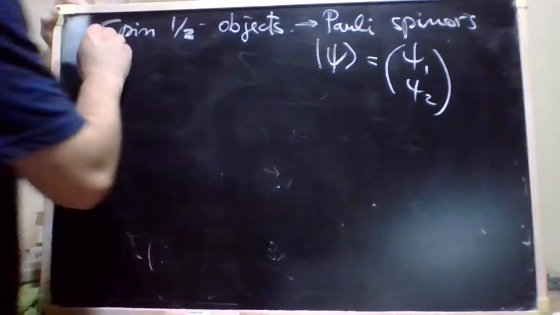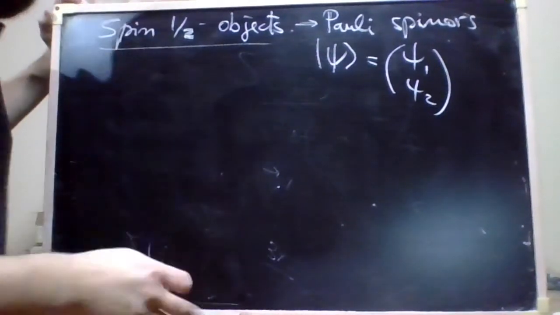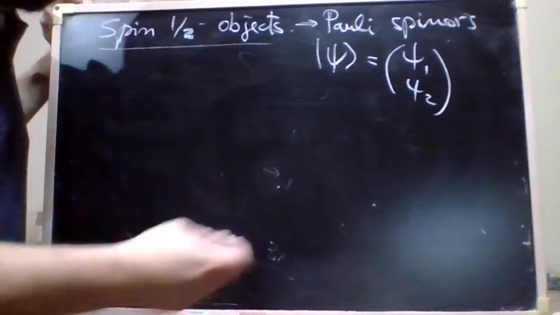So these objects, the Pauli spinors, are rotated by something related to Pauli matrices.